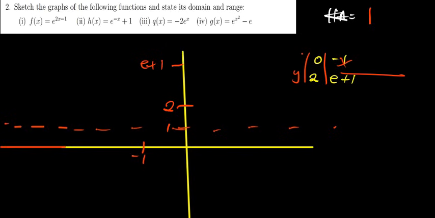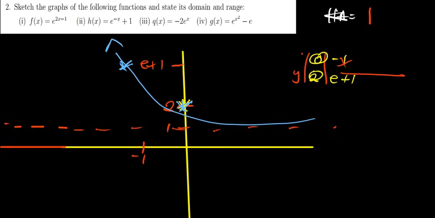Now I can clearly see that I have got 0, 2 there. I can use a different color. Negative 1, e plus 1 is there. Starting from the asymptote, touching these two points, but the graph has to be neat. Anyway, this is the graph.